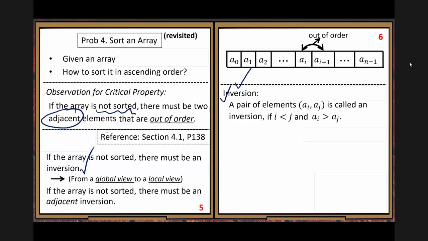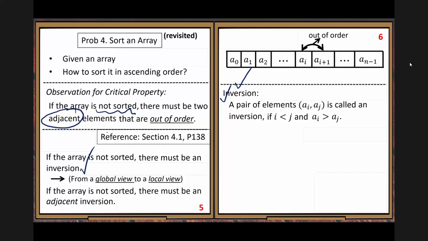A local inversion is easier to fix: you swap the adjacent elements. With a global one, you can do a swap, but it's hard to identify, and in order to discover global inversions you need to do a lot of work.